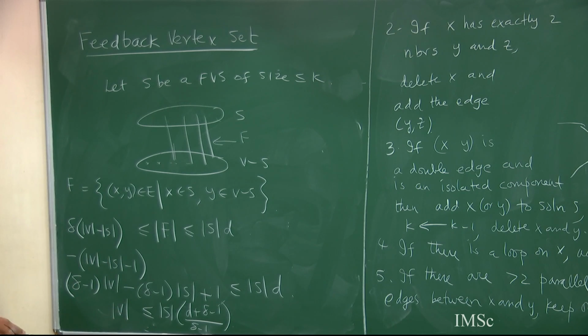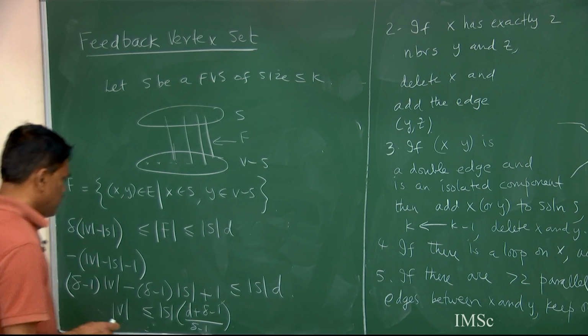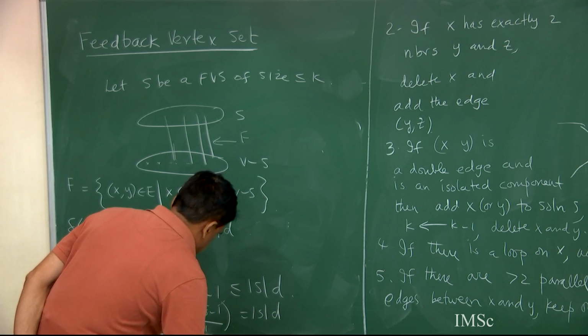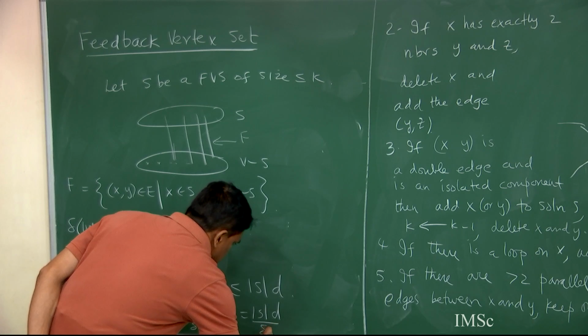Maybe I can plug in delta equal to at least 3 or something. So this is basically cardinality of S into d by delta minus 1.